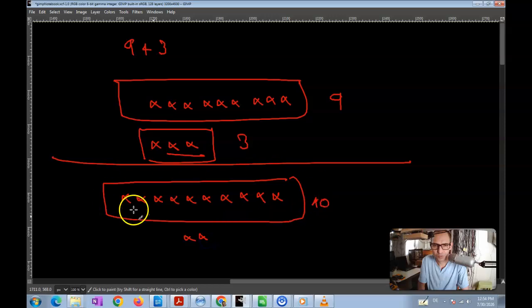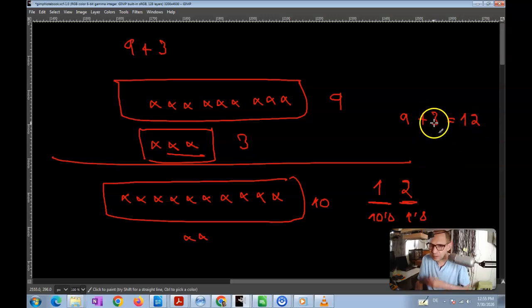So then I have one group of 10 and 2 groups of 1. So I have the ones place value and the tens place value. So then I have a 12. So 9 plus a 3 is equal to 12.